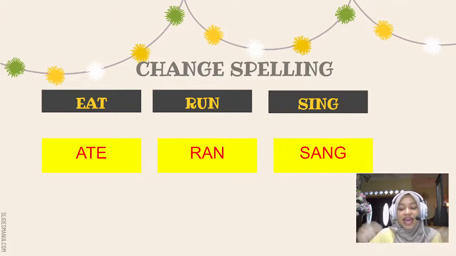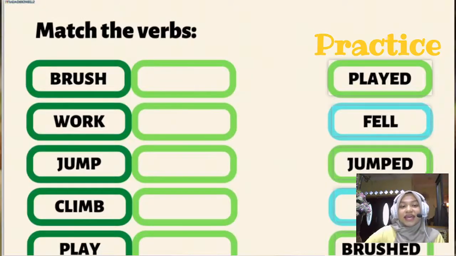So in the description, I will put a link for you to practice, and I want you to try to match the verbs with the correct past tense. Make sure you do the practice so you will master how to write past tense properly. This is the practice that I have prepared for you, and the link I will share in the description, so make sure you do it.